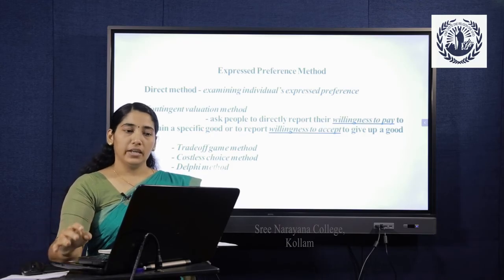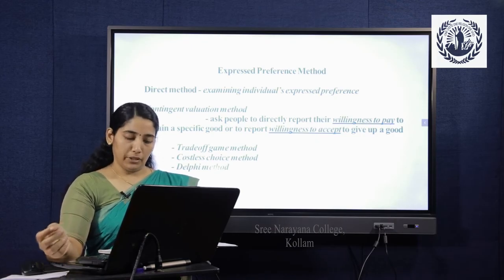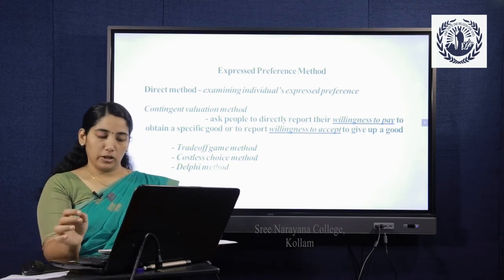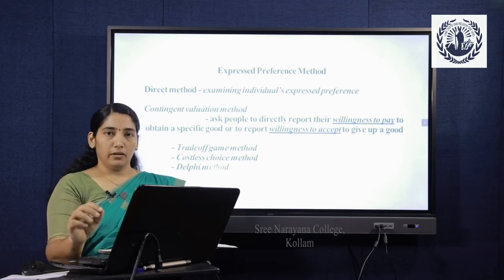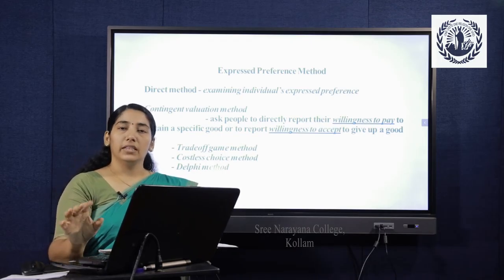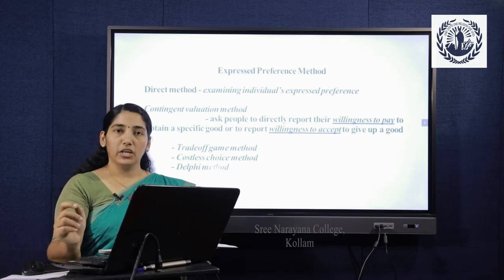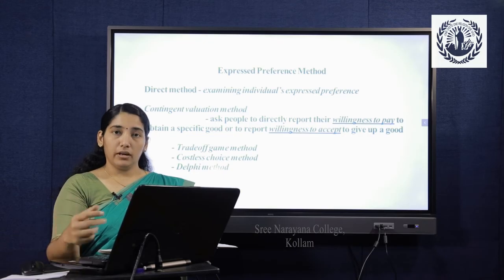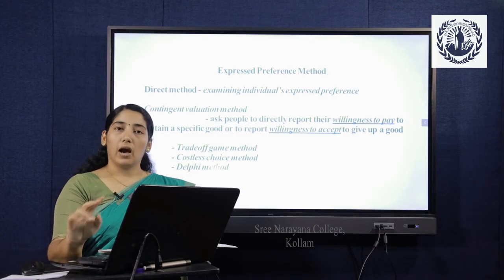We already said that there are three types of contingent valuation methods: the trade-off games method, the costless choice method, and the Delphi method. Trade-off games are used to determine individual preferences among various outcomes. For example, let us assume that there are two outcomes. Outcome 1 is a given environmental quality with no money contribution, and outcome 2 is an improved environmental quality with a small contribution of money.